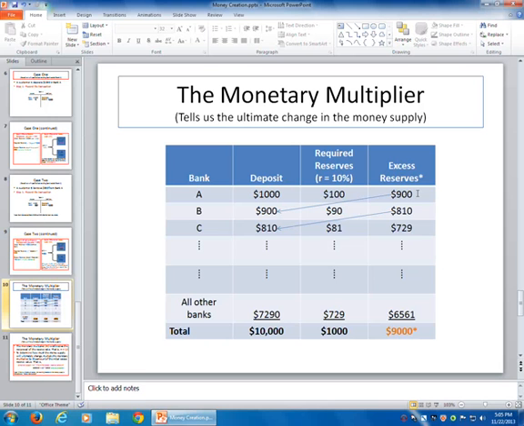So I take the 900, multiply it times the money multiplier, which in this case is 10. 900 times 10 gives me 9,000. For the grand total of required reserves, I take the initial amount of $100, multiply it times the monetary multiplier of 10, and I get a grand total of 1,000. I take the initial deposit of $1,000, multiply it times the monetary multiplier of 10, and I get a grand total of $10,000.